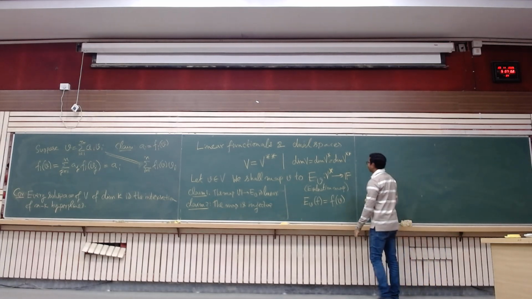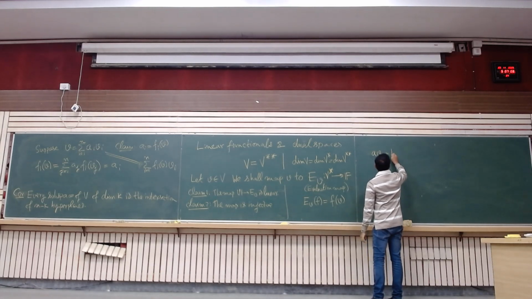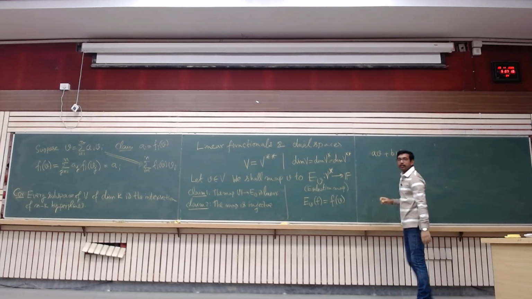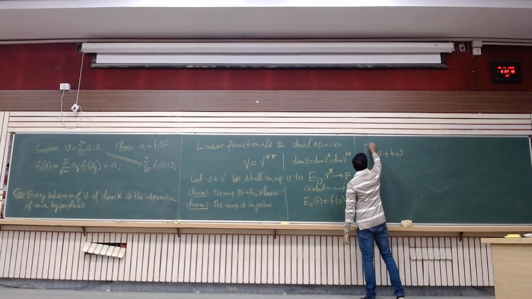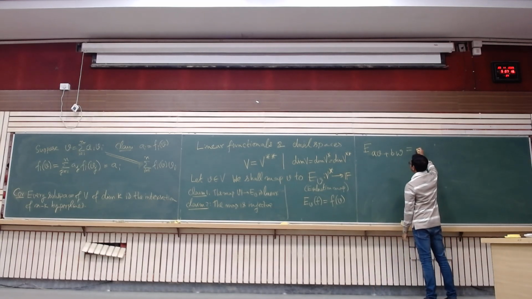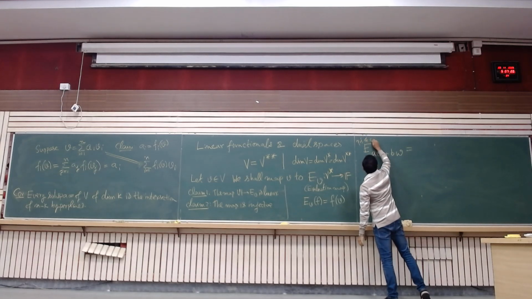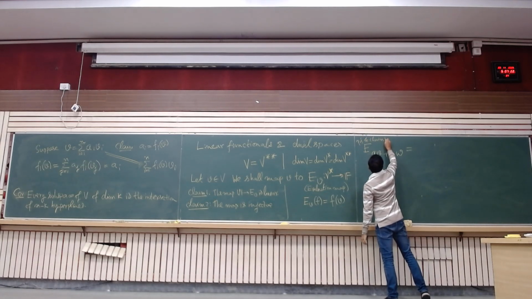All right. So at first, suppose you have some AV plus BW, and the evaluation map at this should be equal to what? So this is the first claim, claim 1, proof of claim 1.